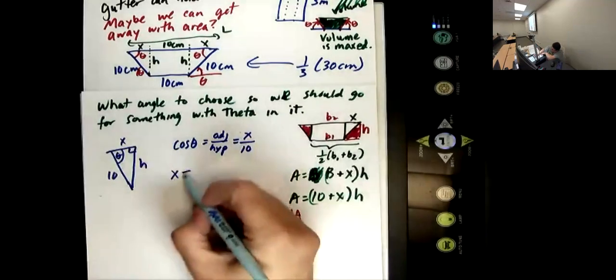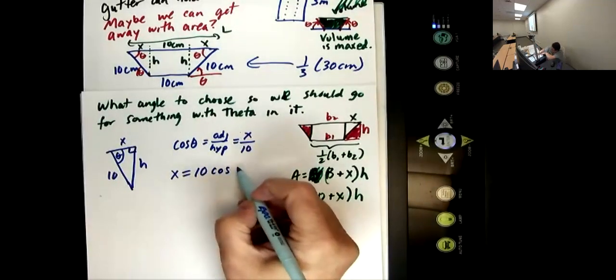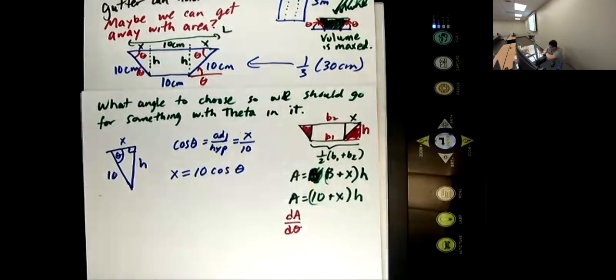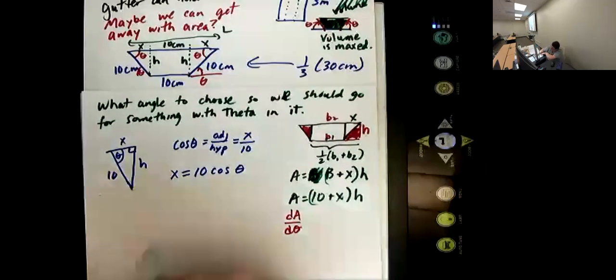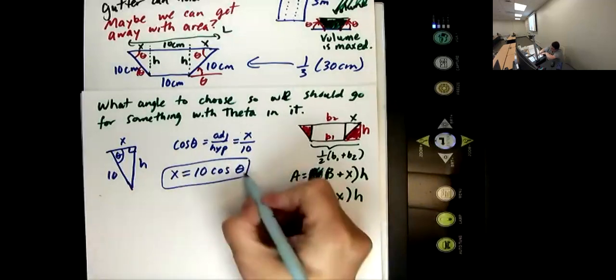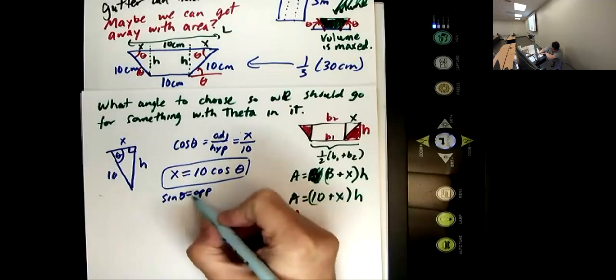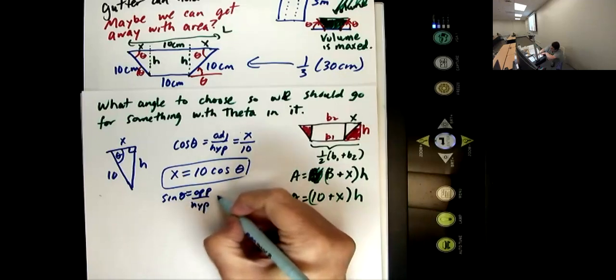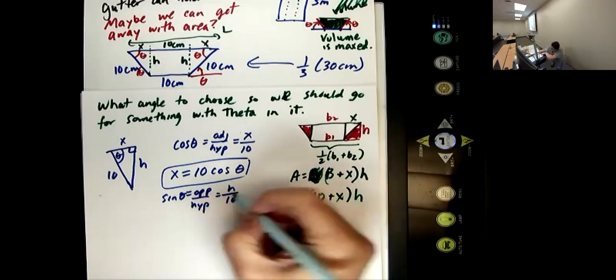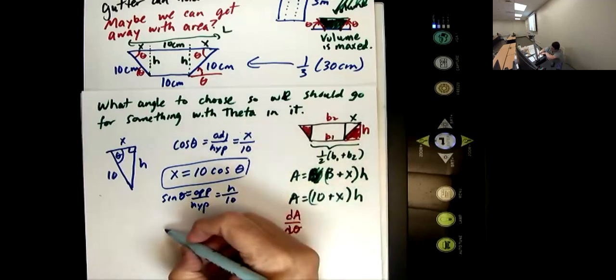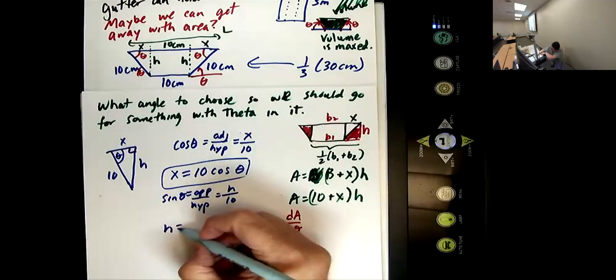So X equals 10 cosine theta. And sine theta is opposite over hypotenuse, which is H over 10. So H equals 10 sine theta.